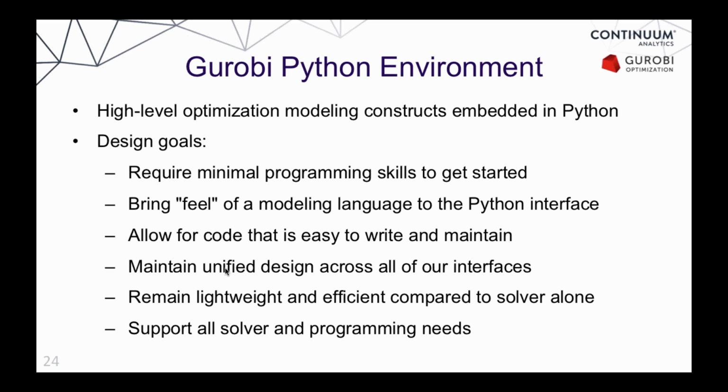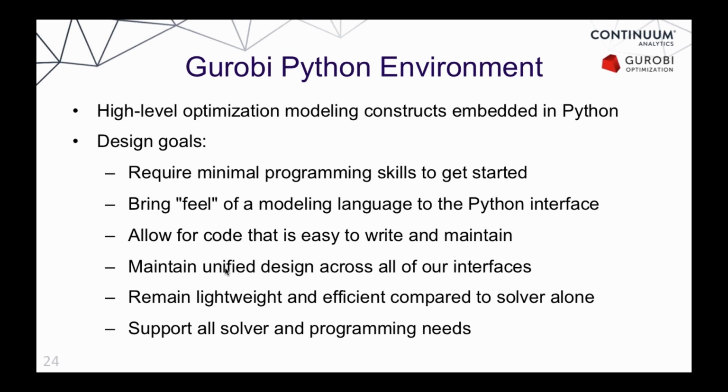A unified design across all of our interfaces was also important to us. We get users constantly telling us how easy it is to migrate between our APIs because there's a consistent feel. For example, the concept of attributes is pervasive in those designs. All of these APIs are thin layers on top of native C code, so we really wanted to remain lightweight and efficient when compared to running the solver alone.